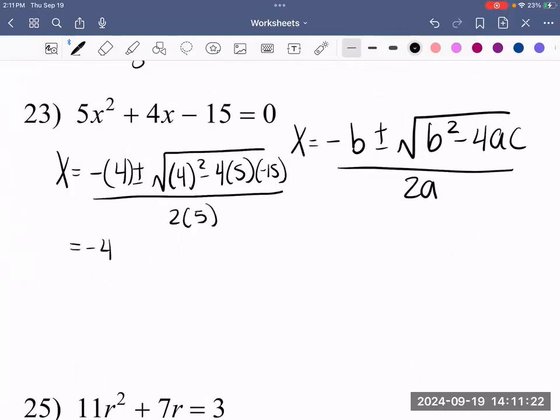You get negative 4 plus or minus the square root of 4 squared, which is 16. Then we have negative 4 times negative 5 is negative 20 times 15 is 300. And that's going to be a positive 300 because the negative will disappear, over 10. So we get 16 plus 300.